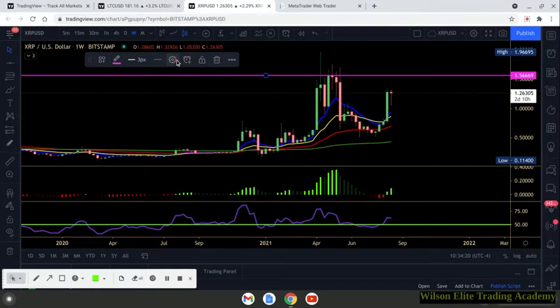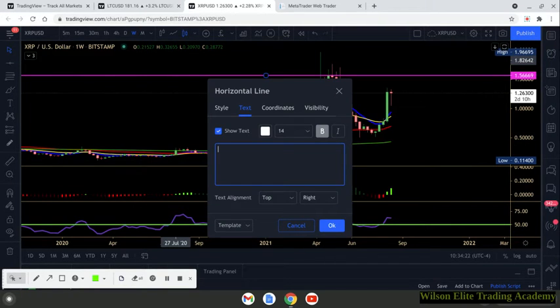That's all this is. So I'll go in and put weekly resistance. Oh, hold on, can't spell it this morning. Weekly resistance slash ceiling, because you may hear traders call it either one.